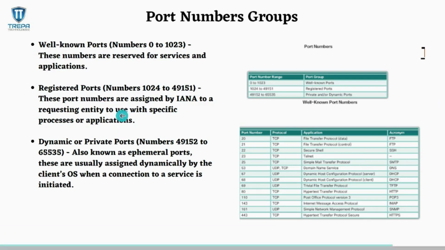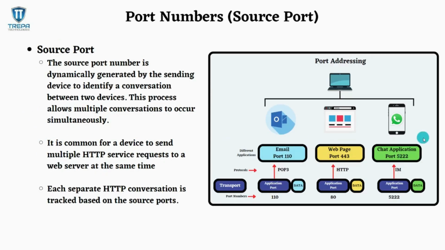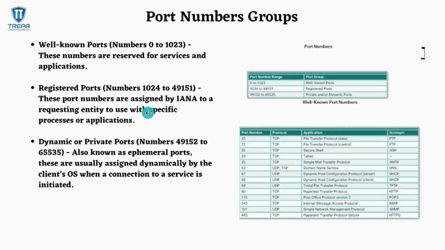And then we have registered ports. These are port numbers that are assigned by the Internet Assigned Numbers Authority, which does the registering, to a requesting entity to use with specific processes or applications. So this is kind of like if I'm developing an app like WhatsApp, I can go to IANA and say, hey, I want this port to be for my application, and they can assign that to you.